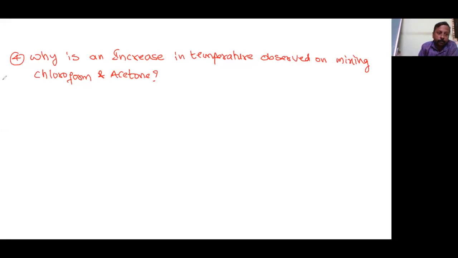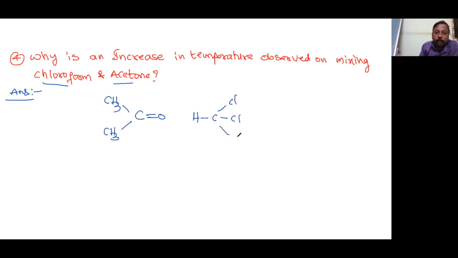First of all, this question belongs to the topic of non-ideal solution. So chloroform and acetone, when they are mixed, this is acetone, C double bond O and CH3 and CH3. And chloroform will be like this, CHCl3.